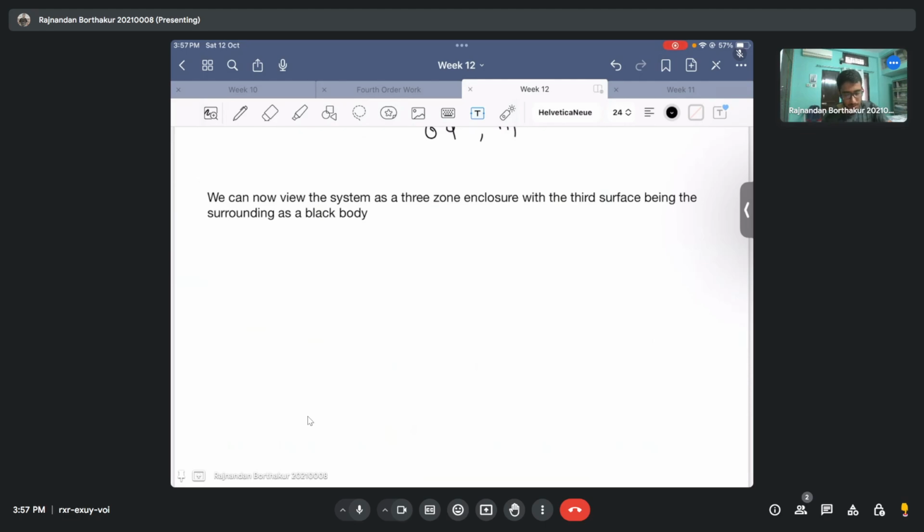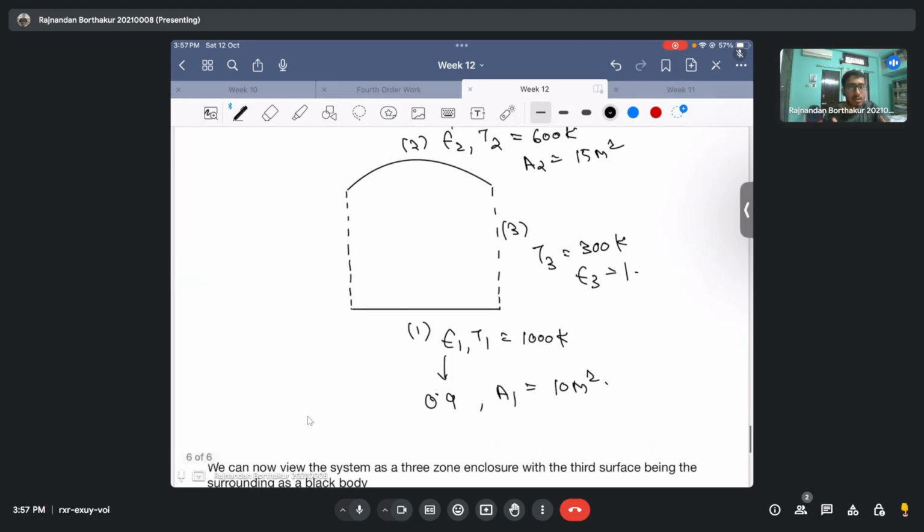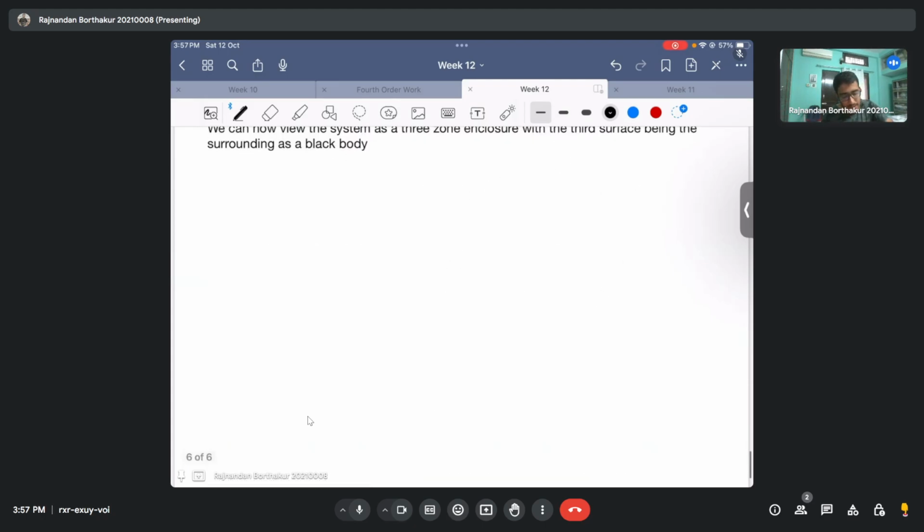Okay, all right. Once we state that we can view this as a 3-zone enclosure, let's try to draw the radiation network. Remember, for a 3-zone enclosure, always start off from the radiosity nodes. So I start with the radiosity node of the first surface, J1, then J2 for the second surface, and J3 for the third surface.